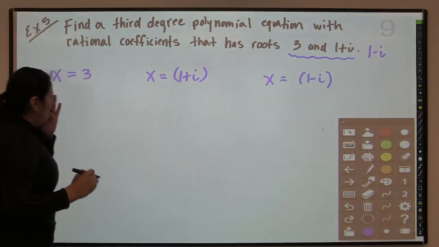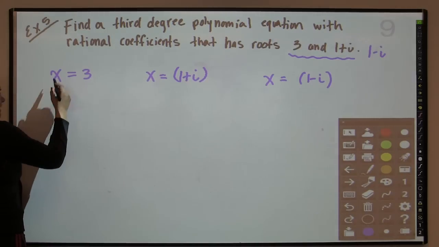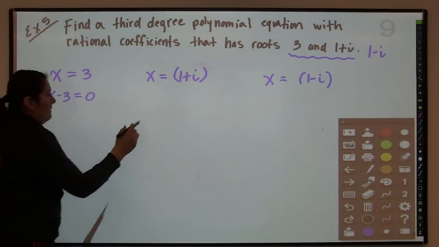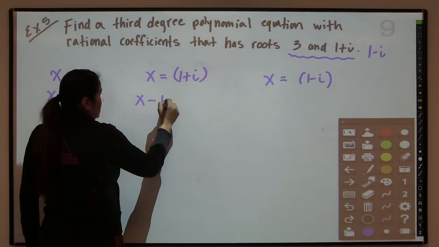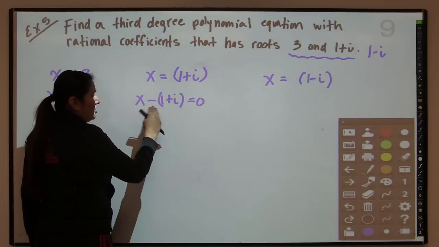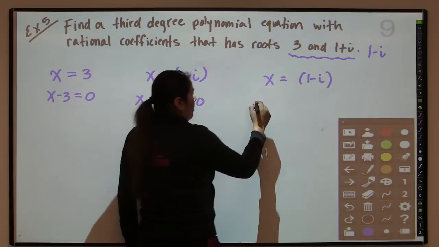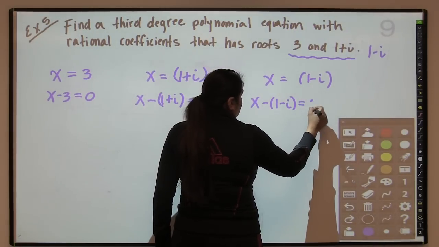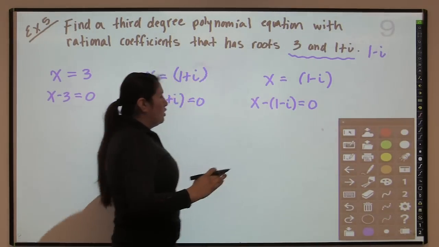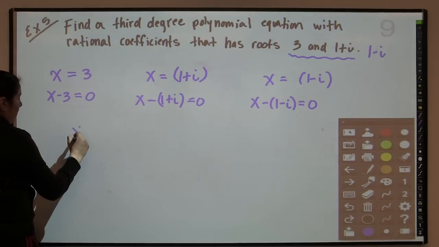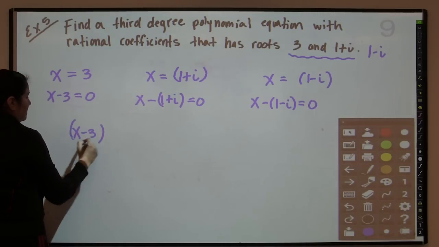And like before, we can subtract the 3 to the other side, making it x minus 3 equals 0. And this would be x minus (1 plus i) equals 0. Try really hard not to distribute that negative. And here I could get x minus (1 minus i) equals 0. So again, I'm just moving those over to the other side. Once I've done that, I can actually write them all out as factors.